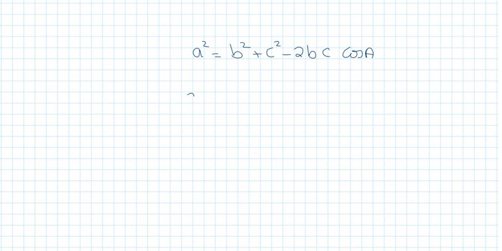So it's going to be a squared minus b squared minus c squared equal to minus 2bc cos A. Why can't I bring this yet? Because it's multiplied by cos A. So I don't bring them over as a plus because there is a multiplication between the cos A and the negative 2bc. All right, now what do you do?